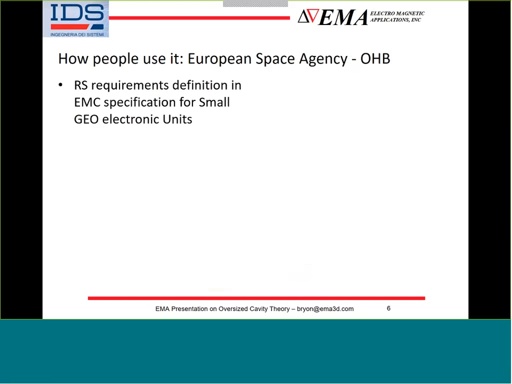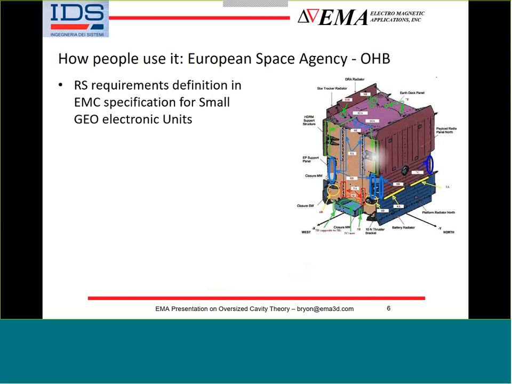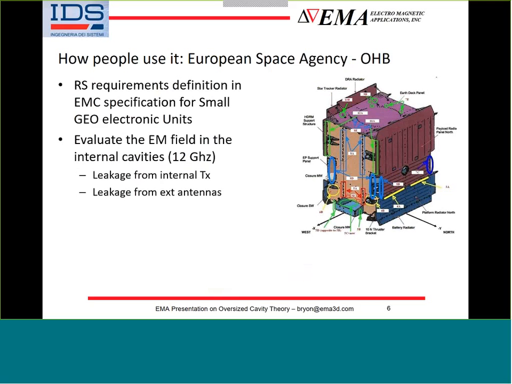For instance, the ESA has a satellite, the OHB satellite, and they have certain RS requirements, radiated susceptibility requirements, and they have a very complicated platform, as you can see in the slide here. They need to evaluate the electromagnetic field in the internal cavities at 12 gigahertz. They have internal transmitters and external antennas.